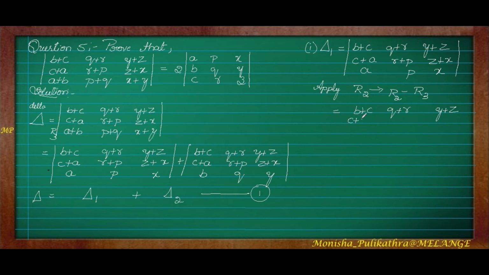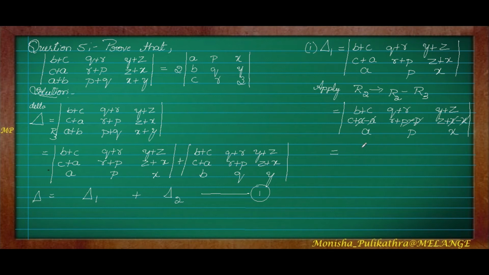That is C plus A minus A, here R plus P minus P, and here Z plus X minus X, because R3 is A, P, X. When you subtract, the plus A minus A, plus P minus P, plus X minus X get cancelled.